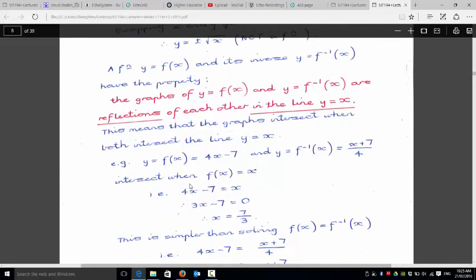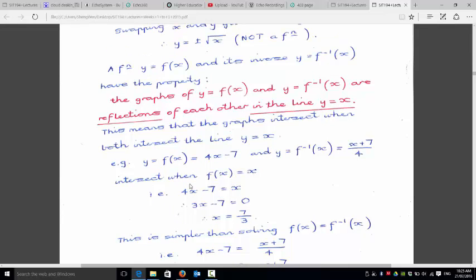So in geometry, a function and its inverse are reflections of each other in the line y is equal to x.